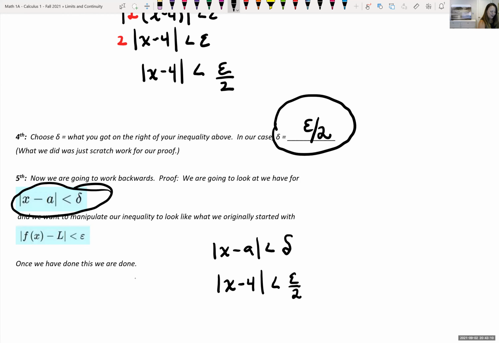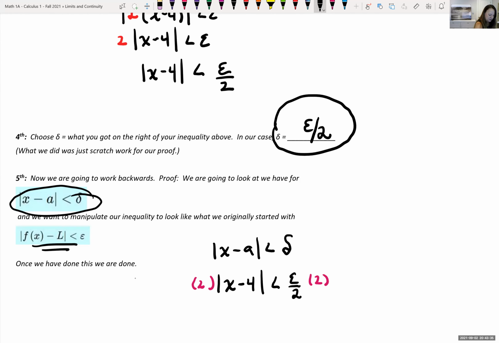And now we're going to do the same thing we just did above, but going in the opposite direction. Now we want to manipulate our inequality to look like what we originally started with. Well, I can see that we can get that by multiplying both sides by 2 to clear that fraction on the right-hand side.